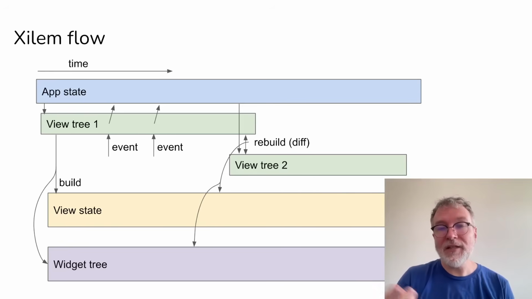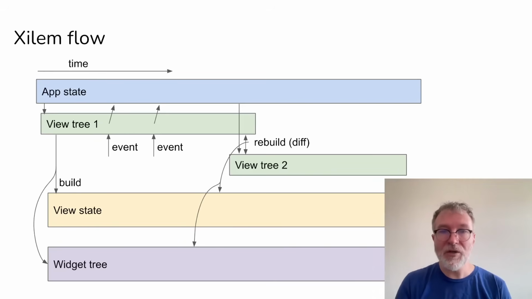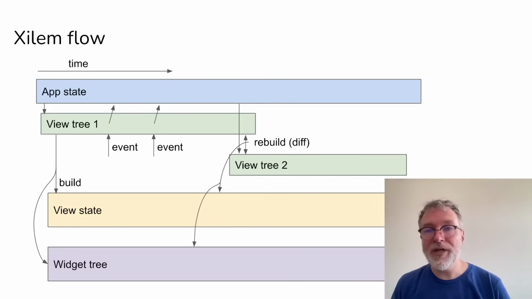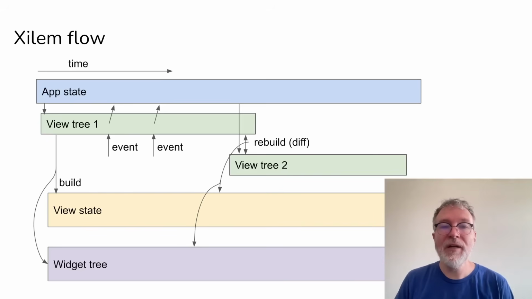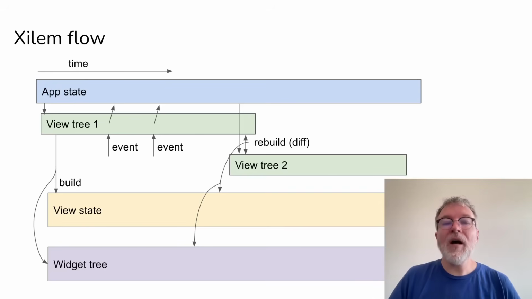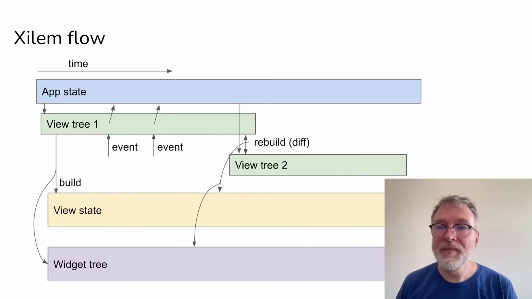And it's likely that some of those updates are going to cause the app state to need to re-render, to build a new view tree. So it creates a new view tree, and then you call the rebuild method on that, and that updates the view state and updates the widget tree. And so you're going to have multiple cycles of that.